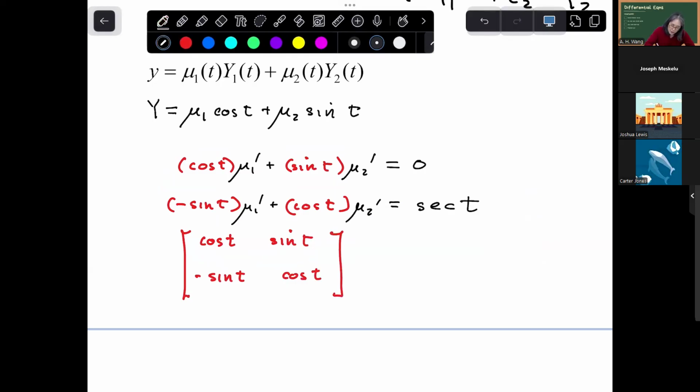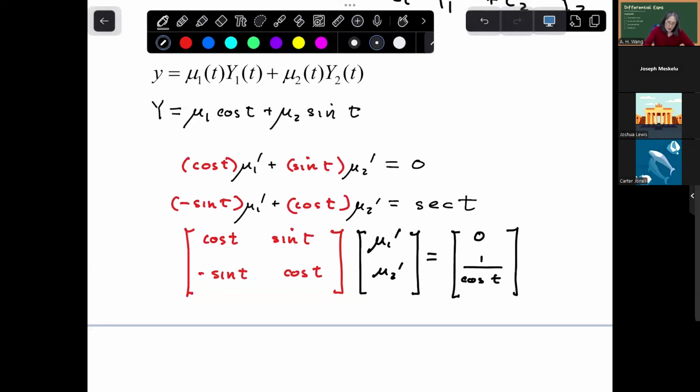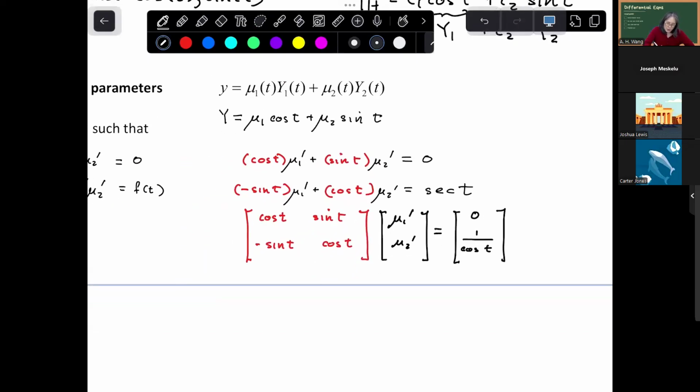And remember, you're solving for mu1 prime, mu2 prime. And then you go 0. And then I'm going to write it as 1 over cosine, just so that might help. Okay? So then you say Ax equals b.